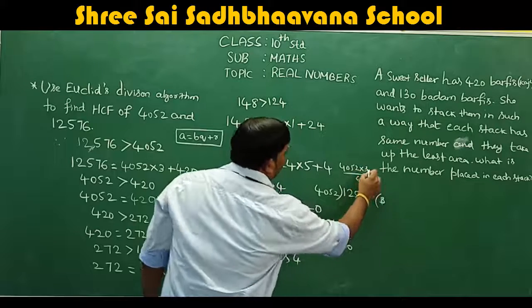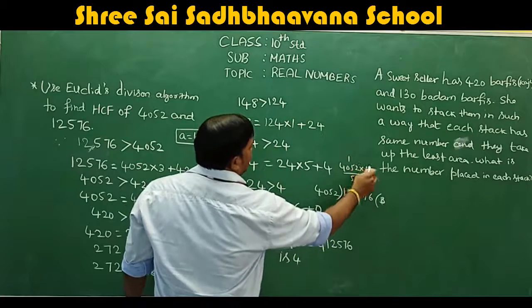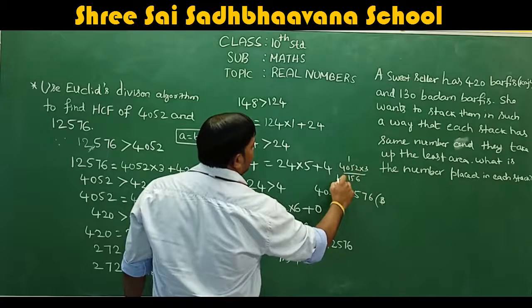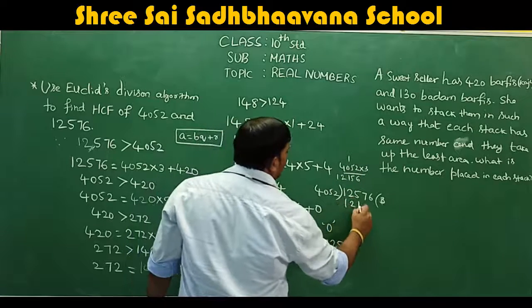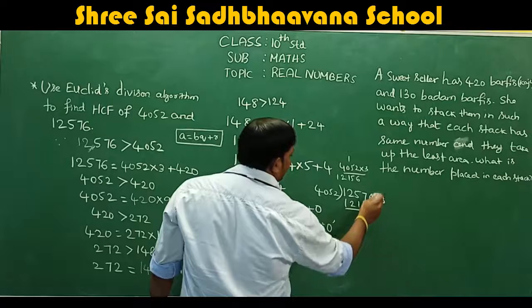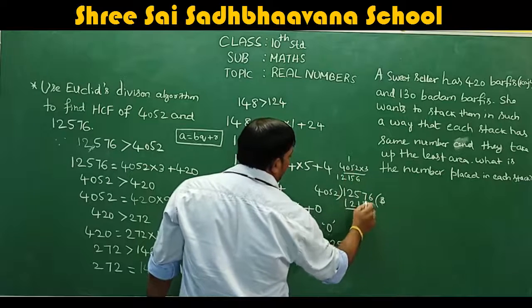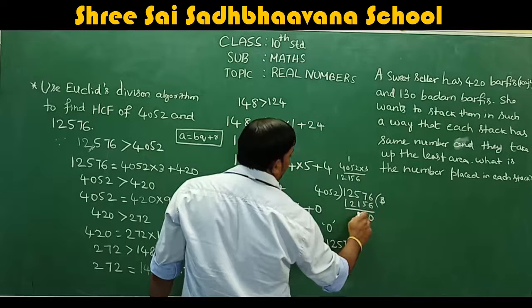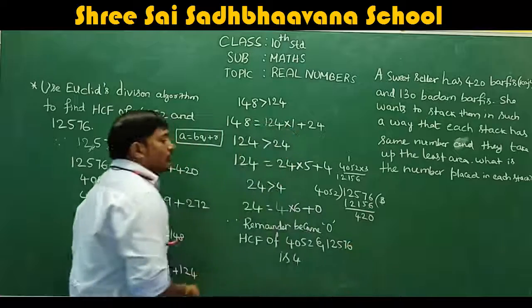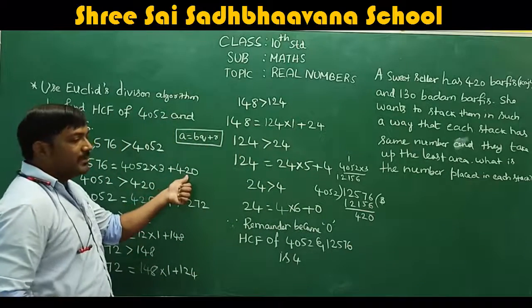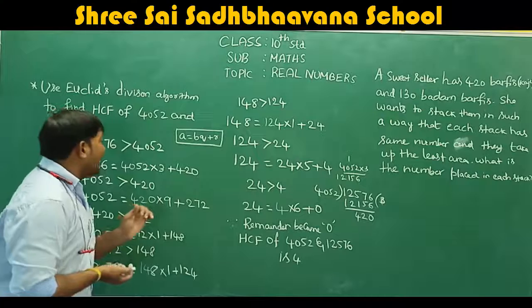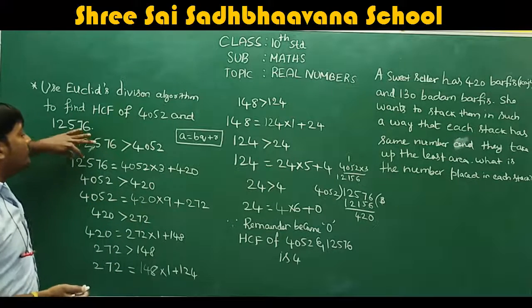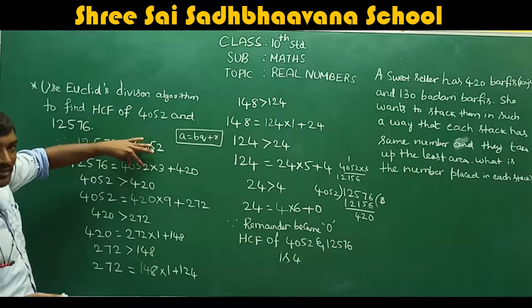3 2s are 6, 3 5s are 15, 3 0s are 0, 3 4s are 12. So you'll get 12156, and subtracting: 6 minus 6 is 0, 7 minus 2 is 5, 5 minus 1 is 4. So 420 is the remainder. I'm just dividing 12576 with 4052.